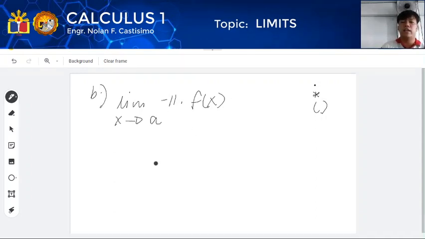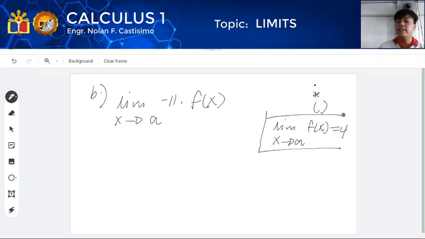yan ang hahanapin natin. So, katulad nga ng sinabi natin kanina, limit of f of x as x approaches a is equivalent to 4. So, itong condition na to is given prior to the problems. So, yan, substitute natin.